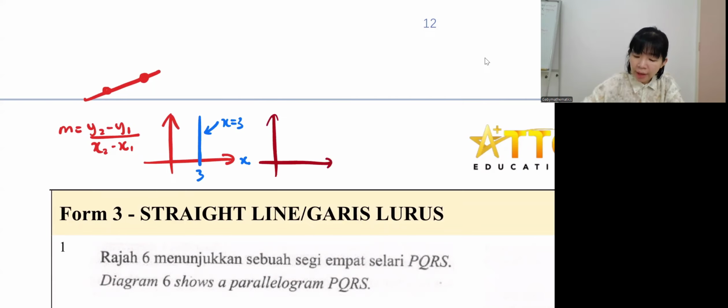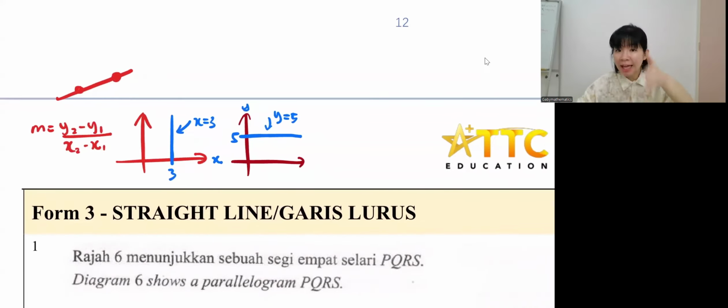Okay, if I have a horizontal line, touch y-axis 5, what is the equation of this line? So this is called y, because it touches y-axis. So y equals to 5. Yes, if it is a vertical line, x. If it's a horizontal line, y.